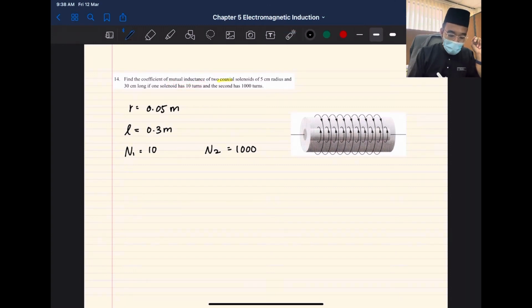You can use the formula M equals mu naught. For self-inductance it is N square, but this one has N1, N2. That's the only difference. So very straightforward and simple.